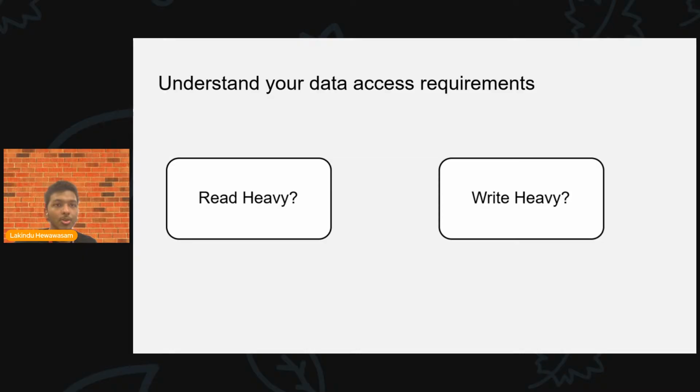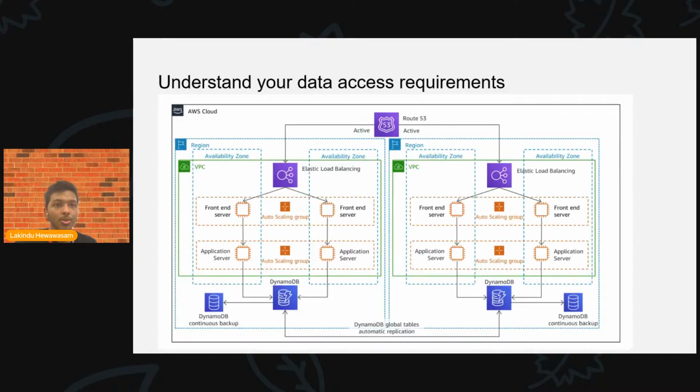So make sure you really see if you have that functional requirement saying your data has to be read heavy or write heavy. And based on that, you can decide how you want to design your architecture.